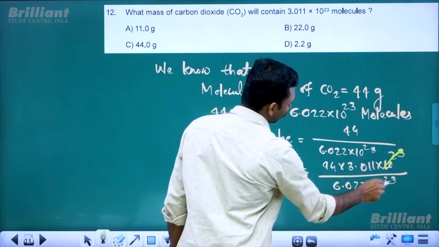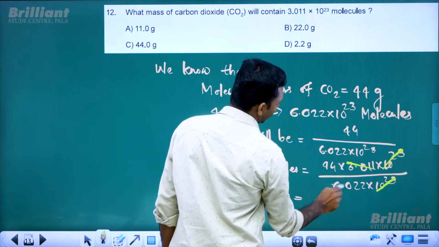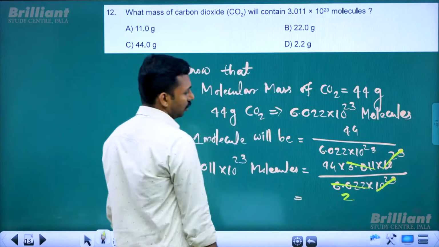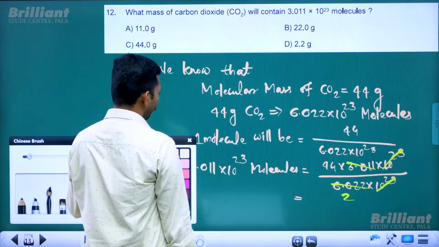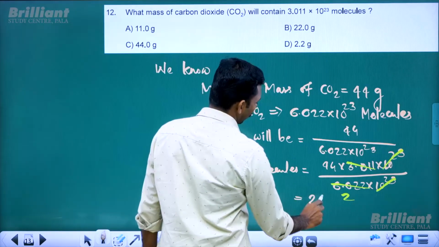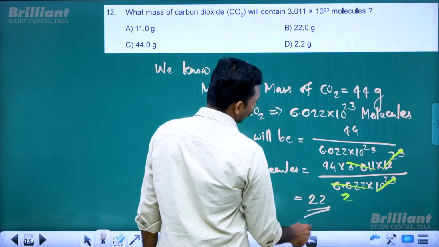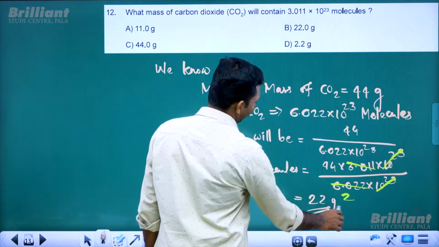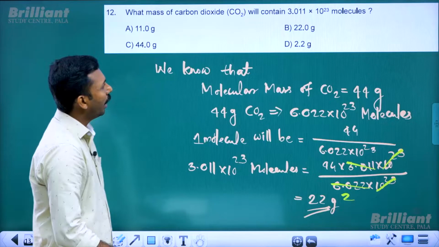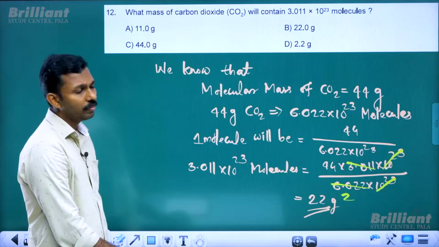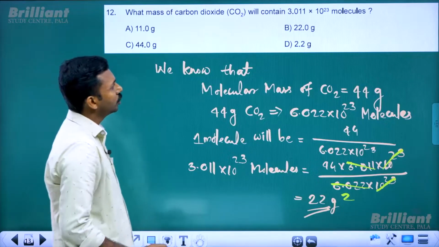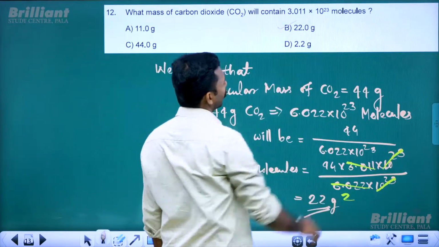This one and this one will be cancelled, and then we will get 2 here. 44 divided by 2, how much? 44 divided by 2 is equal to 22. So 22 gram. That will be the mass of 3.011 into 10 raised to 23 molecules. So our answer option will be B, 22 gram.